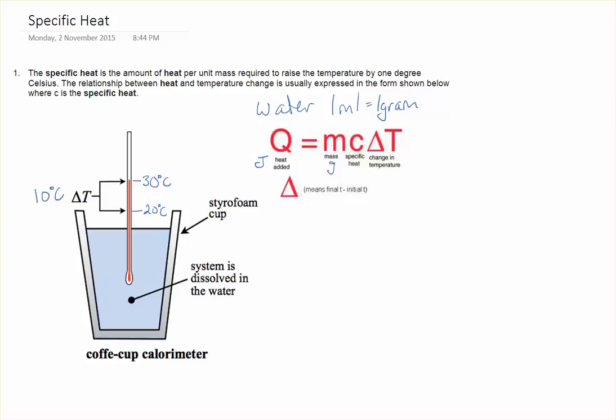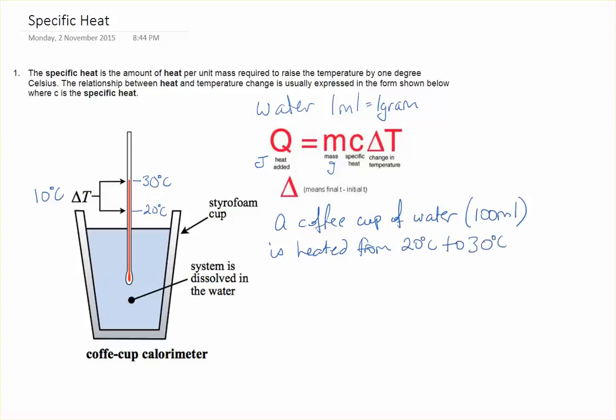So we could have an example where we have a coffee cup of water, which is, let's say, 100 mils, to make it nice and easy and round, heated from 20 degrees Celsius to 30 degrees Celsius.